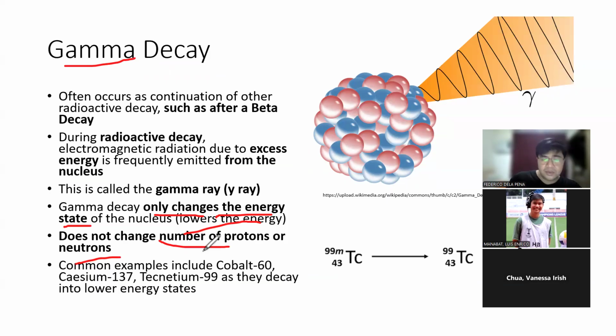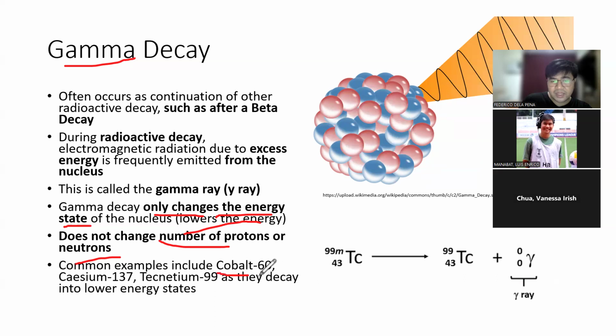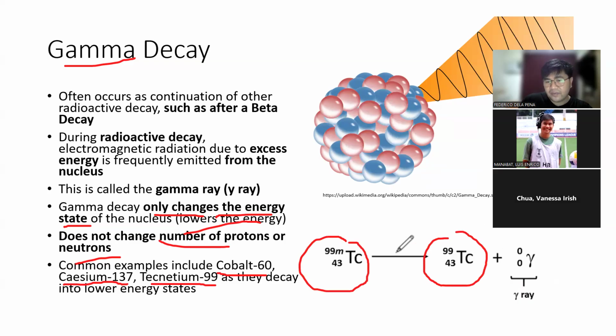The common examples of gamma decay are cobalt-60, cesium-137, and technetium-99. If you look at the diagram here, you have technetium-99. When it undergoes gamma decay, it goes from a high energy state into a lower energy state, and you only release a gamma ray.